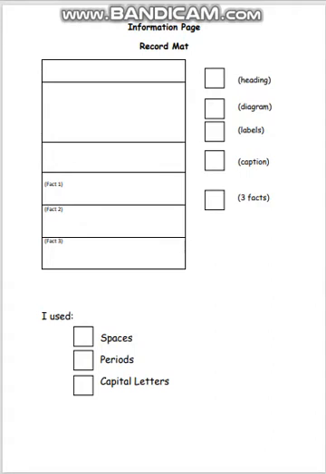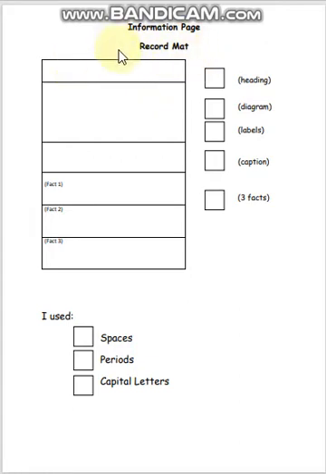Now, after searching for facts about a topic, then you can use this record mat in order for you to start writing your information page. Why is it important to use a record mat? A record mat is somehow like your notes. So of course, when you do research, you won't be writing things right away.